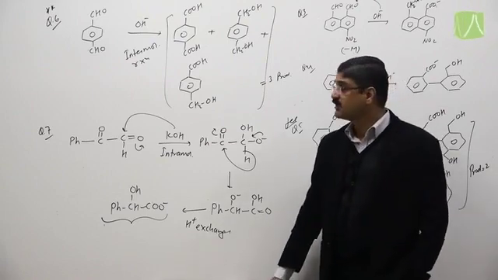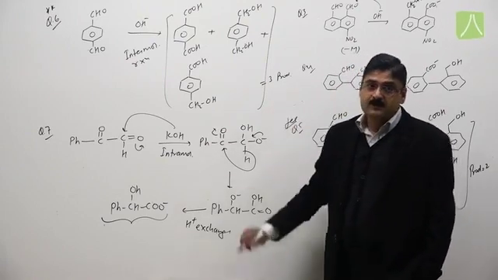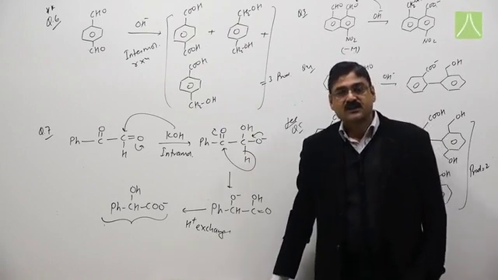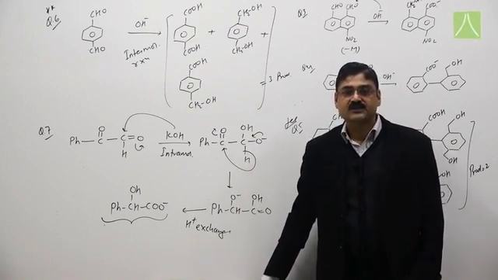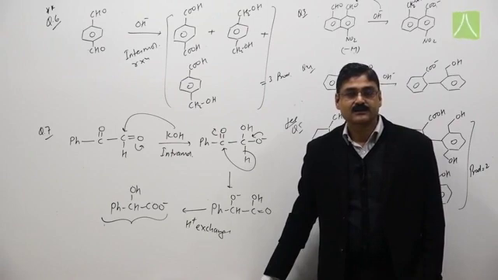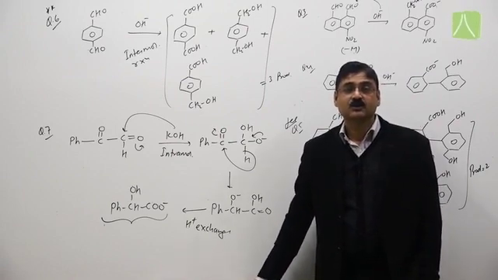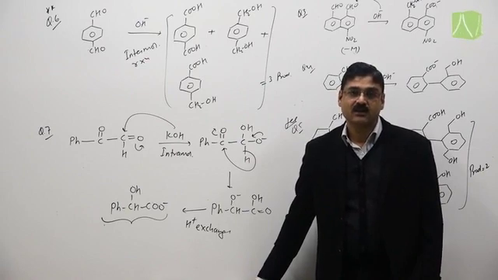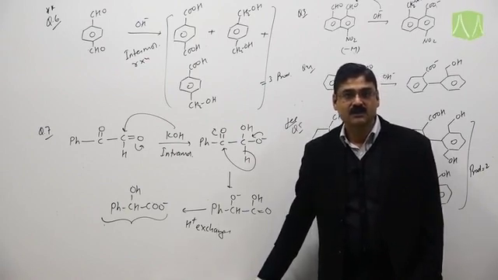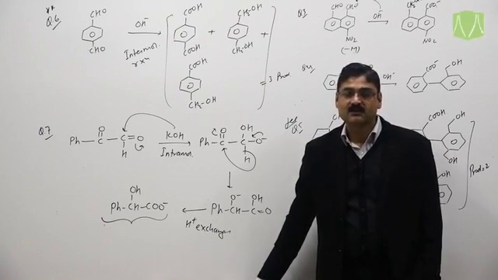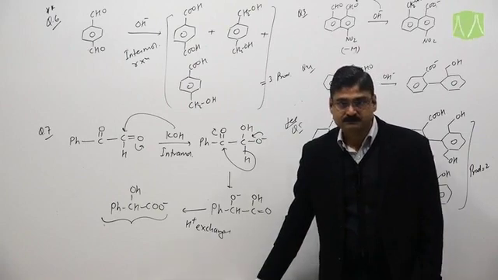Now the next reaction was the Cannizzaro reaction. The Cannizzaro reaction is a redox reaction, a disproportionation reaction, and hydride transfer is the RDS. Those aldehydes can give the Cannizzaro reaction in which sp3 alpha CH or CD, or ionizable hydrogen, is absent; only then is the Cannizzaro reaction possible.